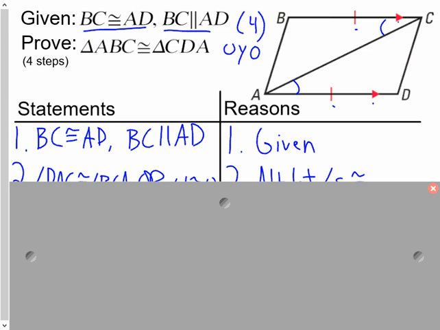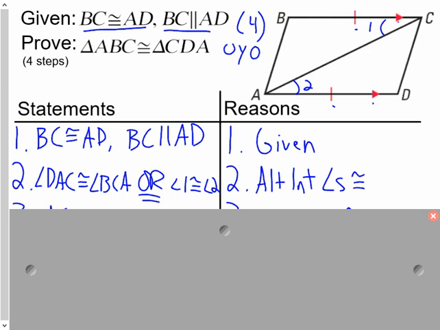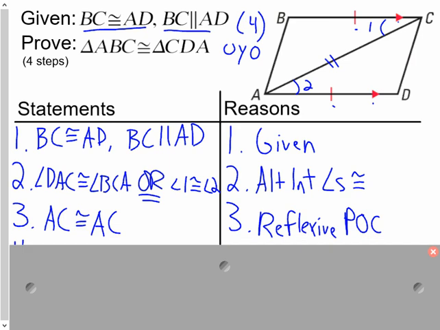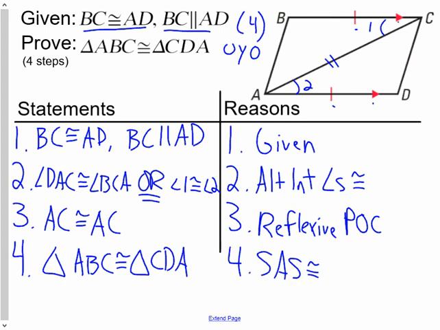Alternate interior again, we can call them 1 and 2, or you could do DAC and BCA congruent, or you could also call it CAD and ACB, right? They can be called by multiple names, but the same idea. Next, we have a reflexive here. So AC is congruent to itself, and that's enough information for our triangles to be congruent. So double check to see if you got that one right.